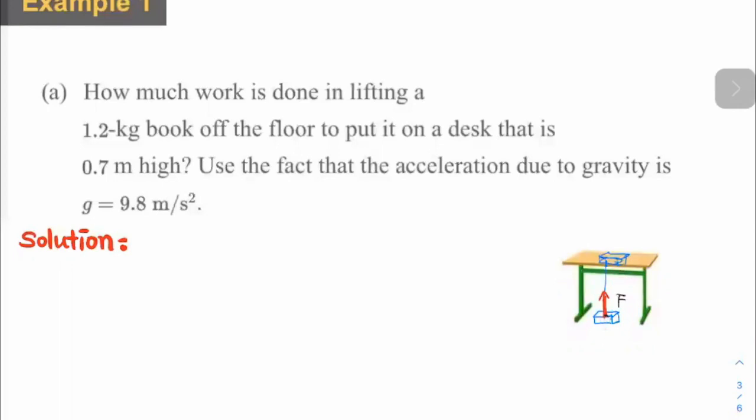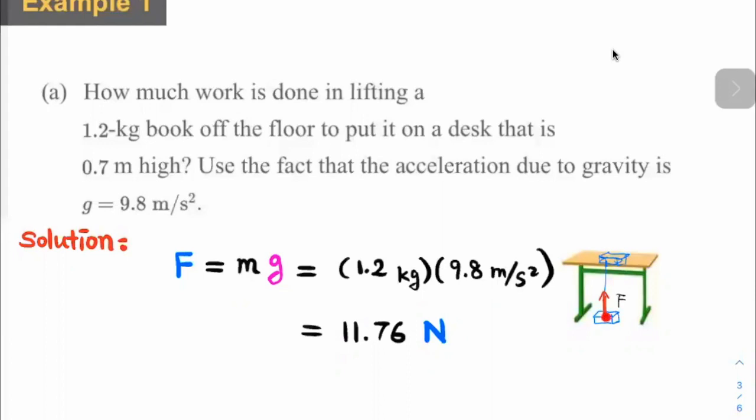So we have the force to lift this book is equal to m times the gravitational acceleration, and is equal to 1.2 kilograms times 9.8 meters per second squared. And that will give us 11.76 Newtons.